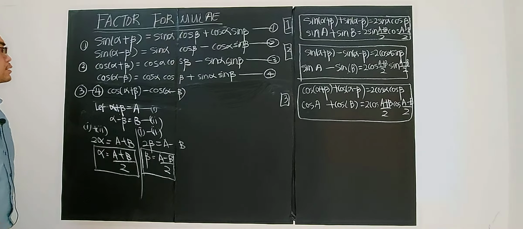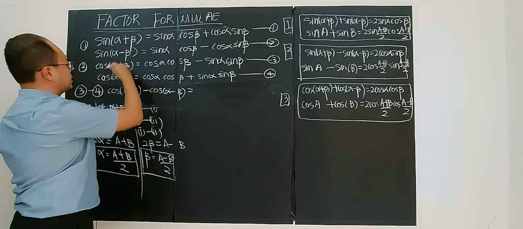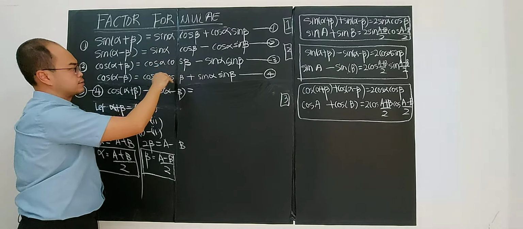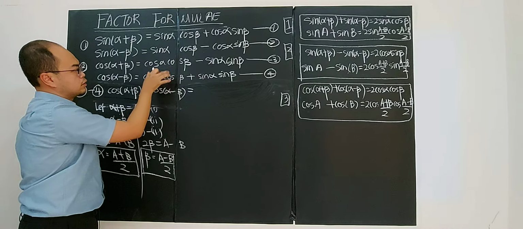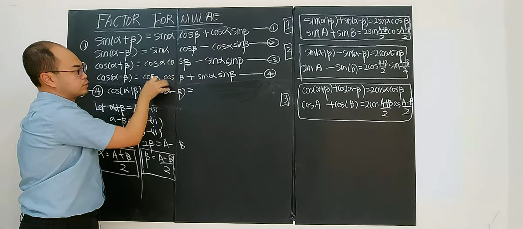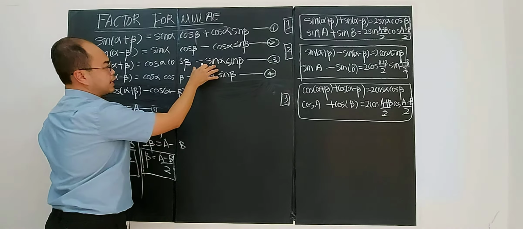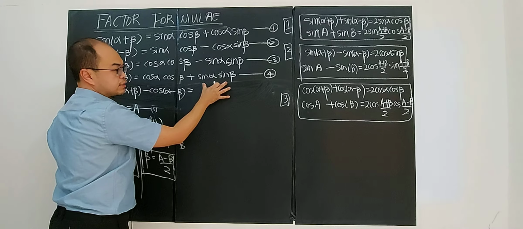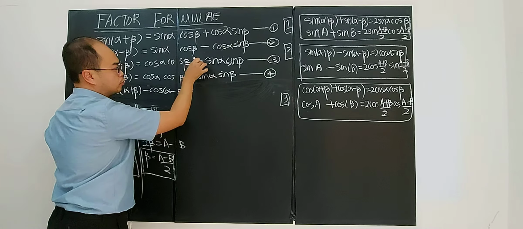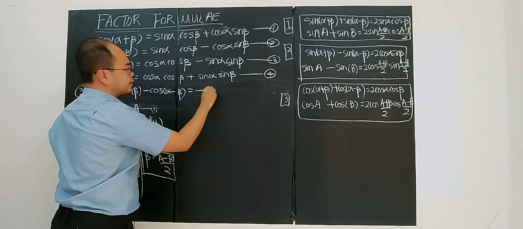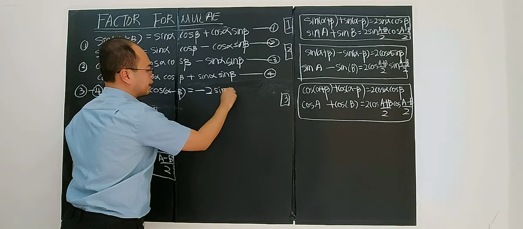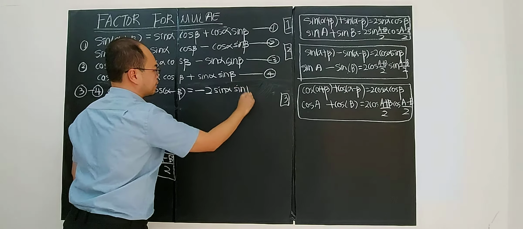As easy as that. You subtract the left hand side and you subtract the right hand side. The cos alpha cos beta terms are the same, so subtracting gives 0, and the other term is sine alpha sine beta, so minus again, you have negative 2 sine alpha sine beta.